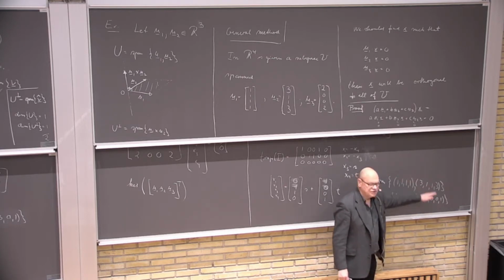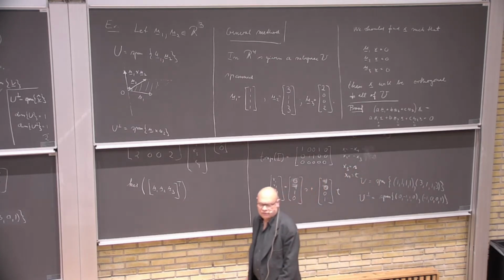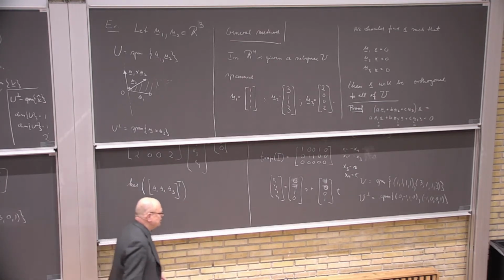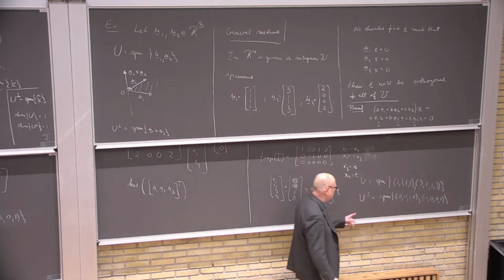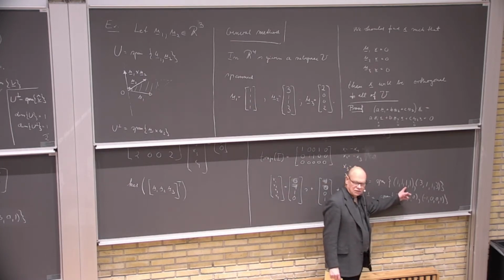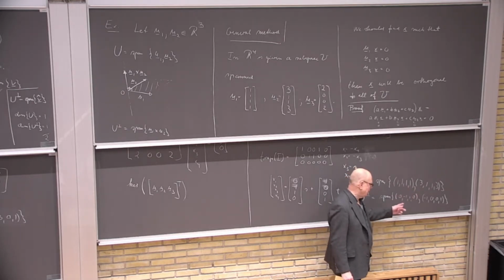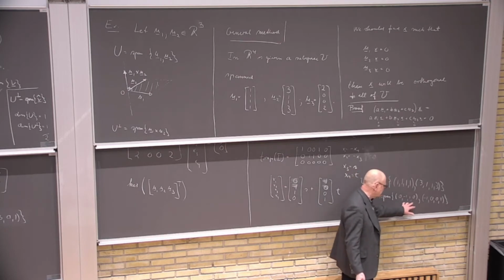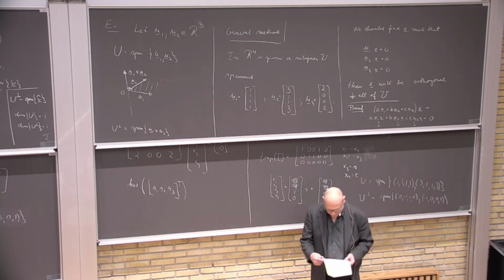So these 2 vectors are orthogonal to the vectors spanning the orthogonal complement. But they are not orthogonal to each other. Luckily, these 2 vectors, and this is a coincidence, are orthogonal to each other. You see, if you take the product of these 2, you get 0.